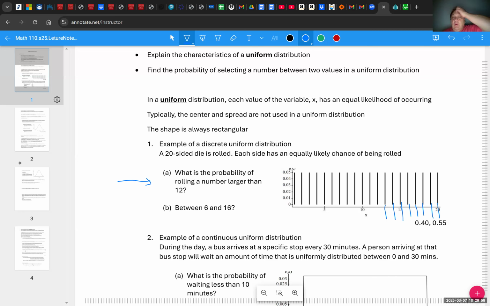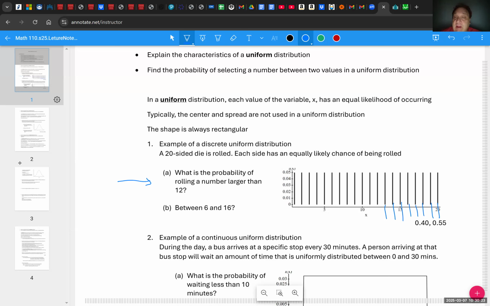Those are the possible rolls between 13 and 20, including 13 and 20. So I'm looking for the probability of getting a number between 13 and 20. There are 2 values, and we're looking for the probability of getting something between those 2 values.